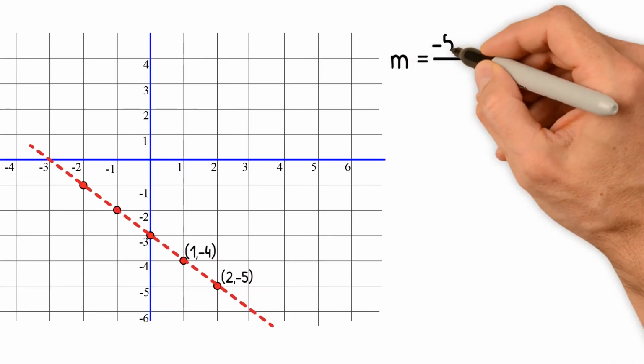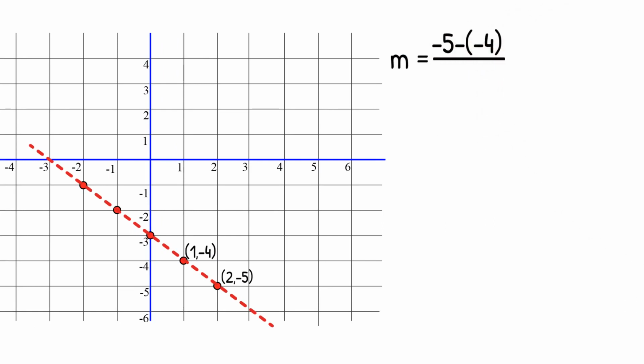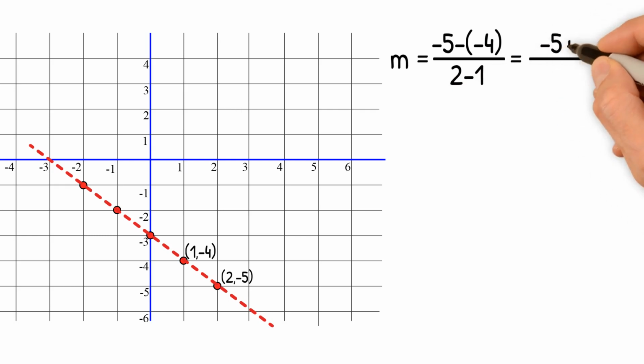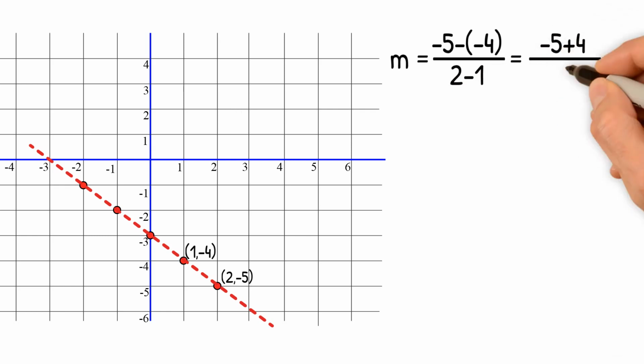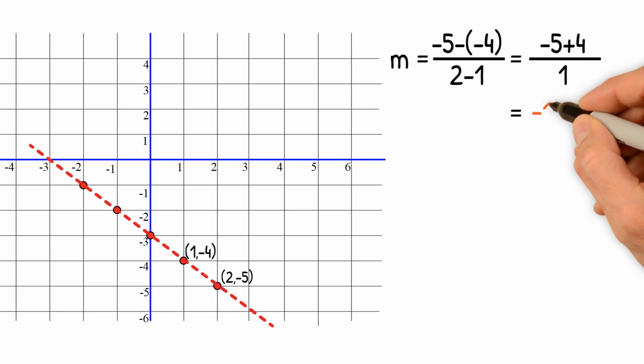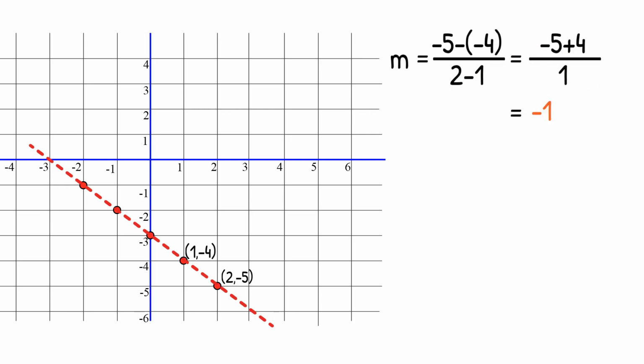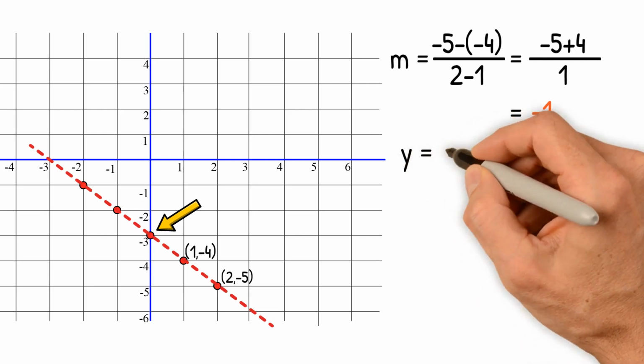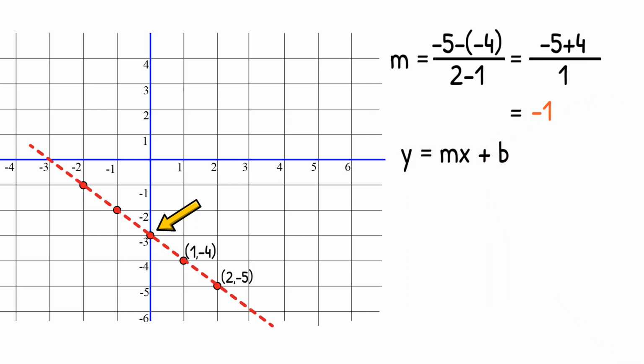Then the slope is negative 5 minus negative 4 divided by 2 minus 1, which is negative 5 plus 4 divided by 1, which is negative 1 divided by 1, which of course is negative 1. The y-coordinate where the line crosses the y-axis is negative 3, which is what we observed earlier the y-intercept had to be.